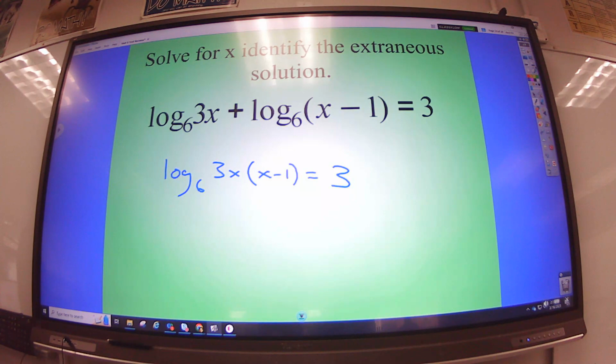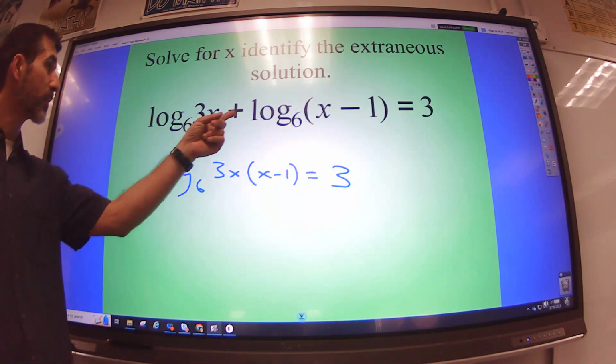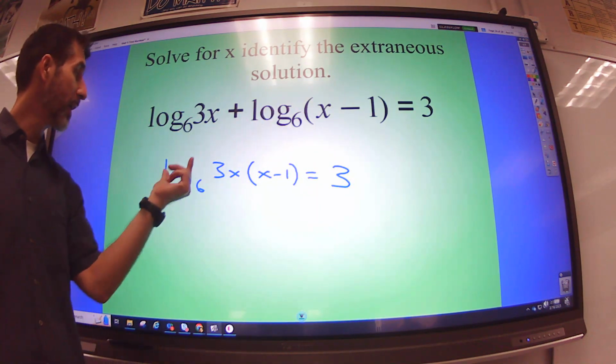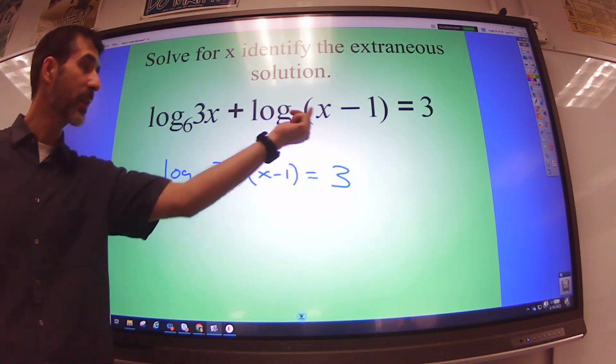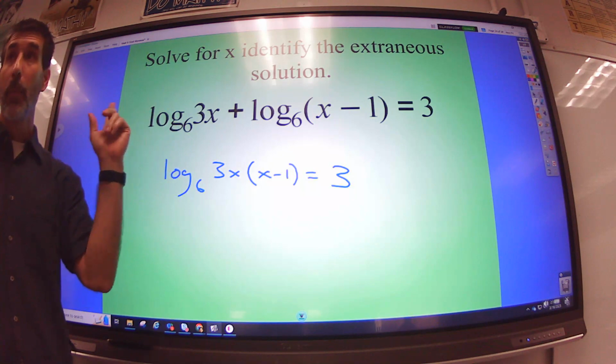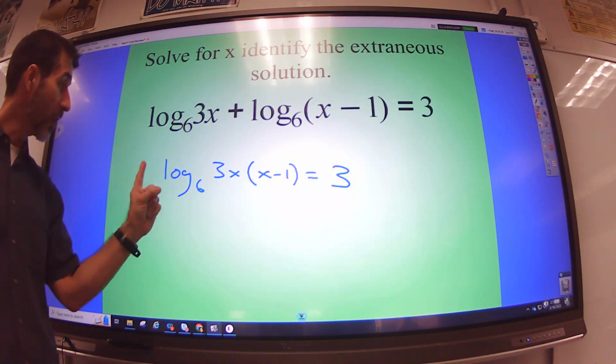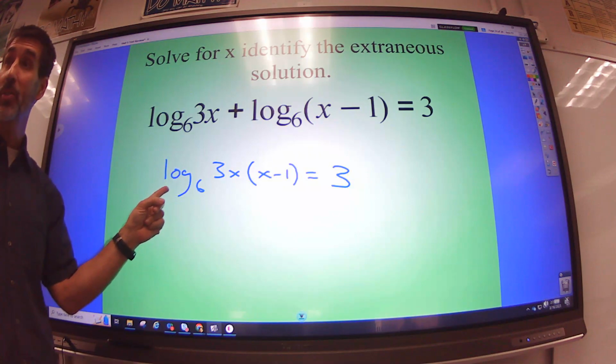But I'm asked to solve this. So in order to solve this, I want to get rid of this log base 6. I want to make this the exponent. So now I make 6 the base, and now this is an exponent. Whatever I do on the left, I have to do on the right.